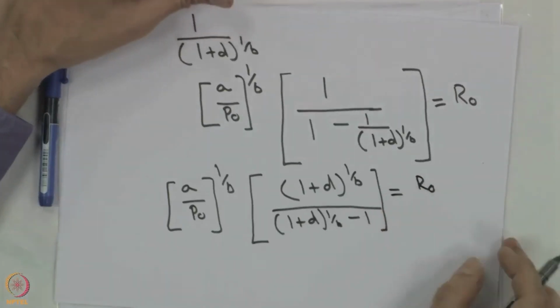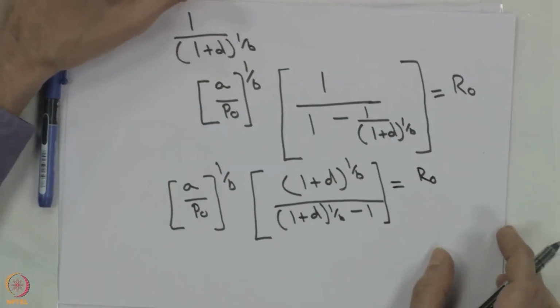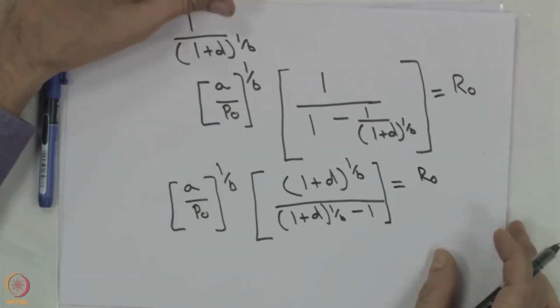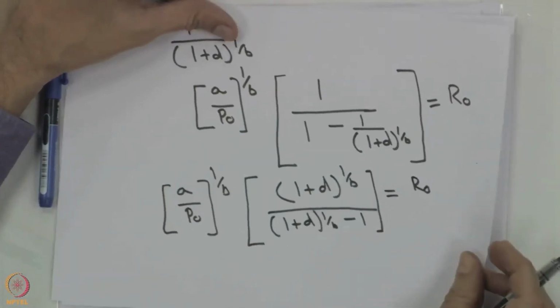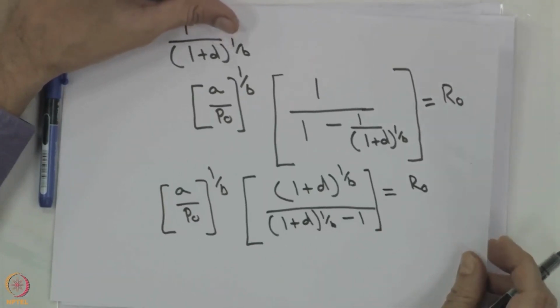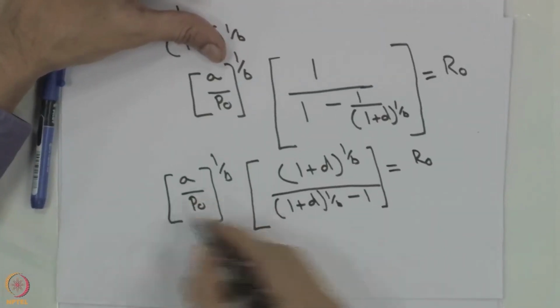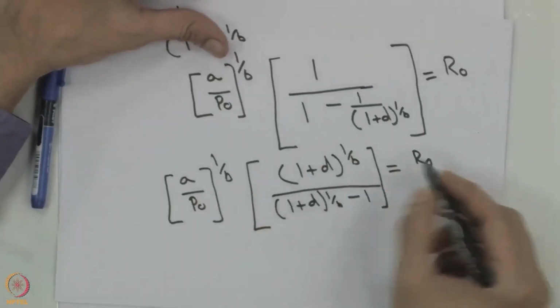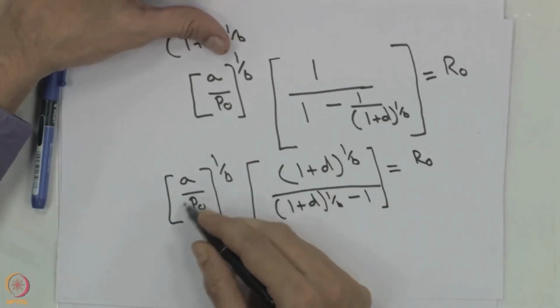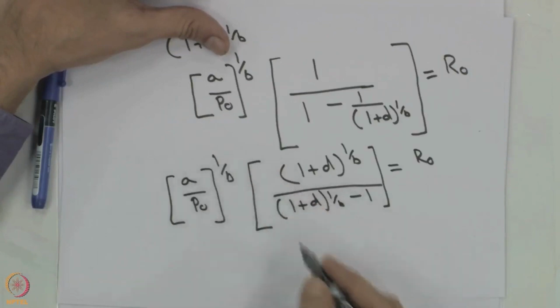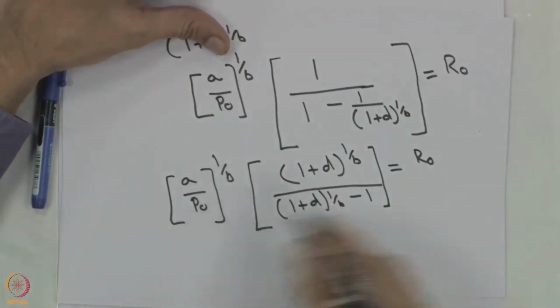So, we can now simplify and write this in terms of... what is our objective? We know D, we know B, we know A, we need to know P0. So, if you look at this and you want to take this as A by P0, we want to find P0.